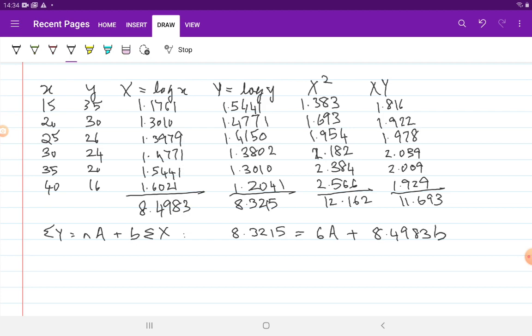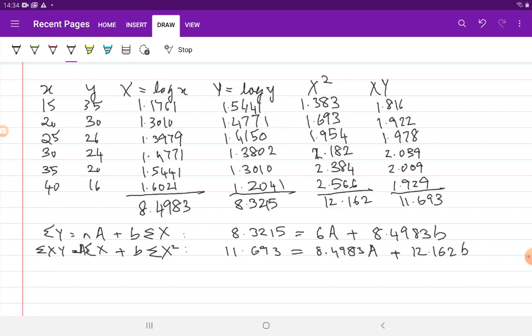Similarly, your second normal equation was summation XY is equal to A times summation X plus B times summation X square, which can be written as 11.693 is equal to 8.4983 A plus 12.162 B.